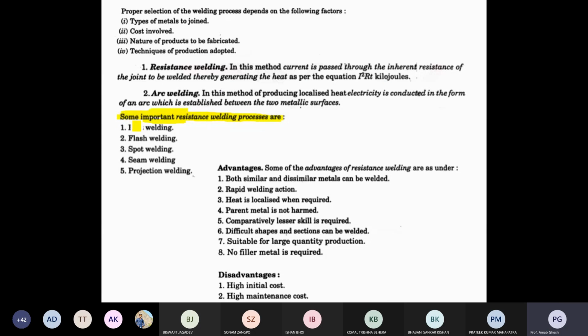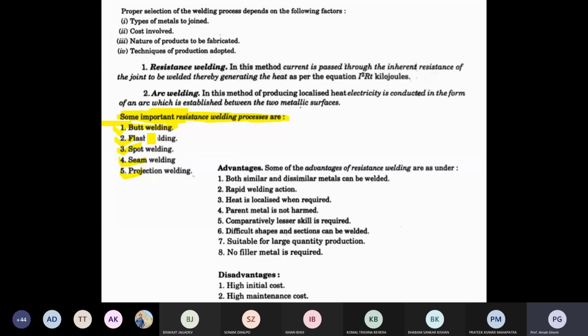Today I will discuss only the important features of resistance welding and one classification of it. What are the most important types of resistance welding? First is butt welding, second is flash welding, then spot welding, seam welding, and projection welding.